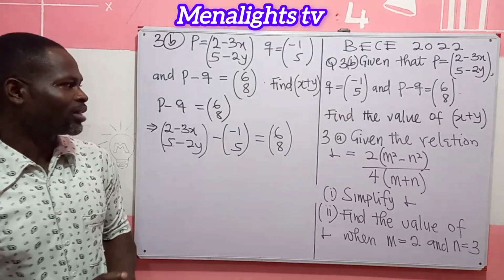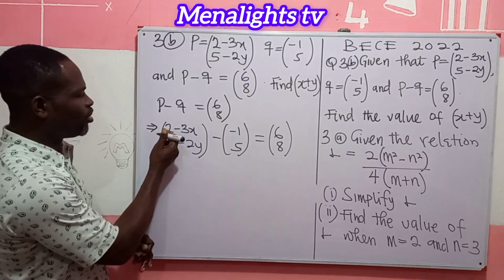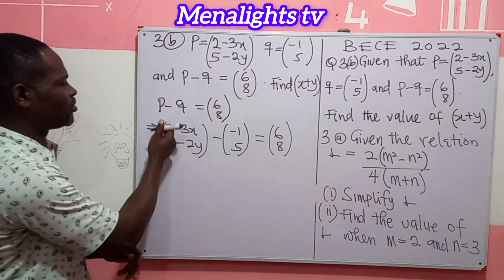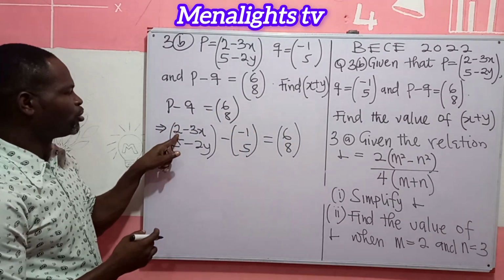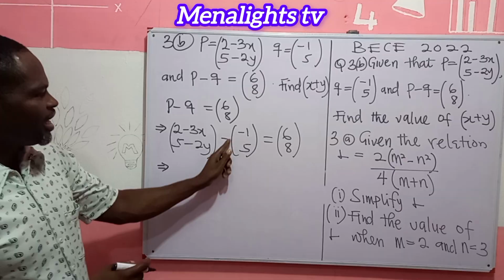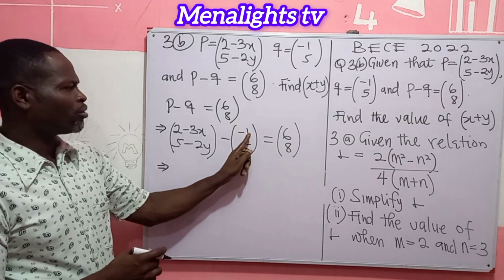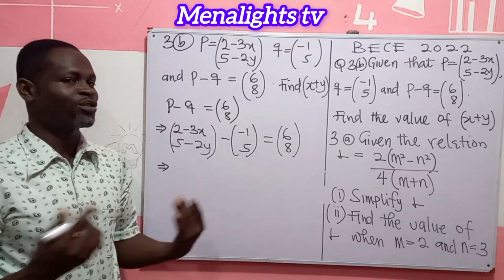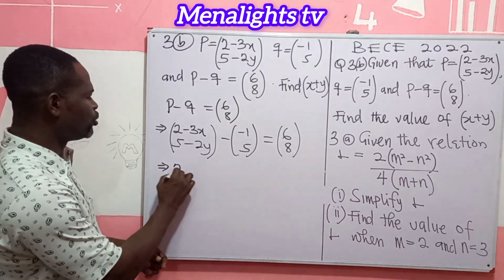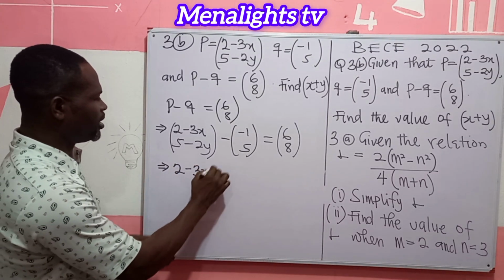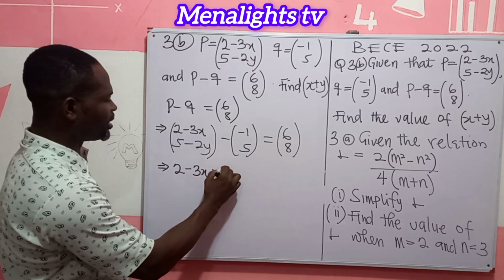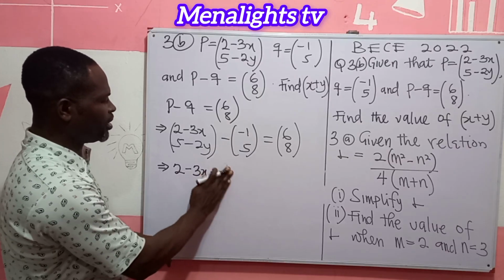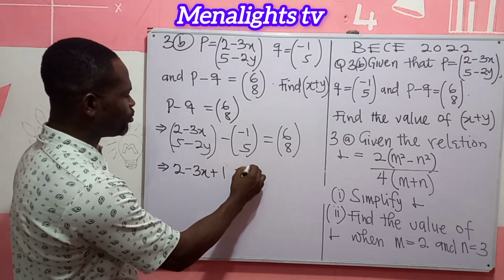So that's what we are going to look at now. Now when you look at this, those at the top are for the x. We have the 2 minus 3x, then here negative, negative. So you have to subtract negative 1 from this result, it becomes what? Positive. So you have the 2 minus 3x, negative, negative gives us what? Positive. So 5 plus 1, which is equal to 6.